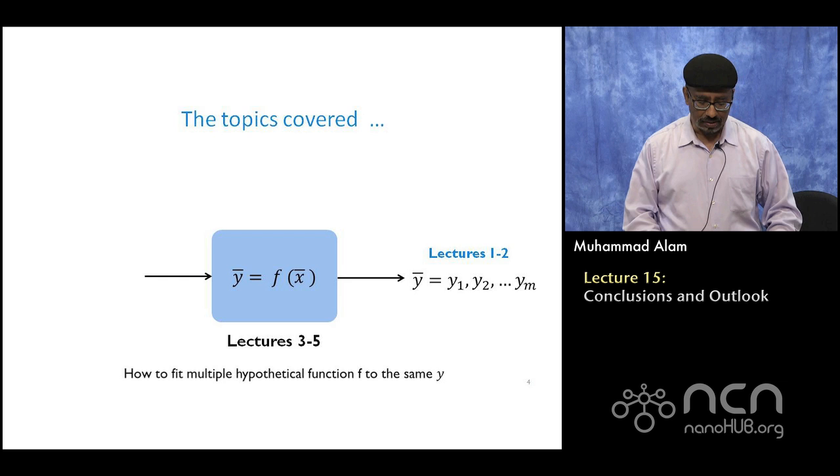So in the first 2 lectures of the semester, I tried to explain why one should really pay particular attention to understanding the data and treat the data with respect.